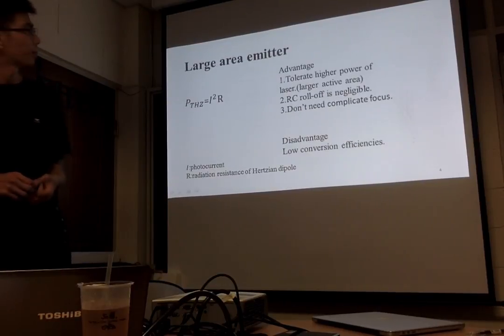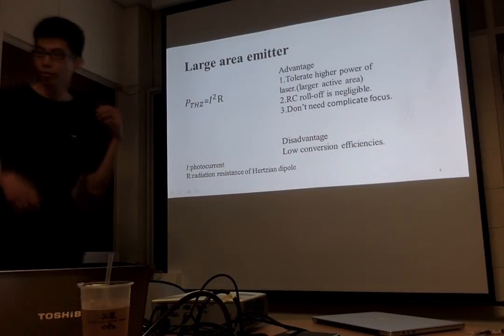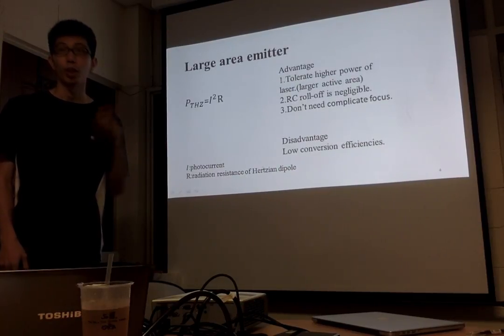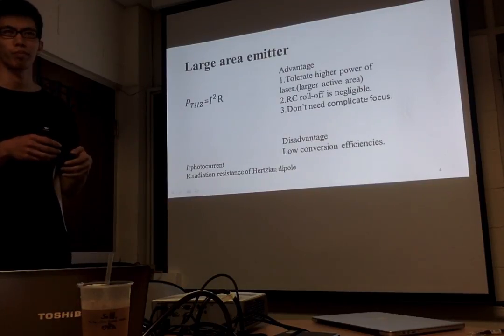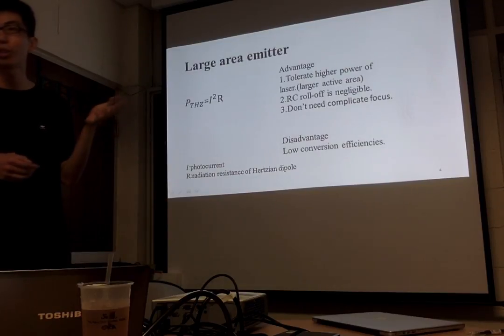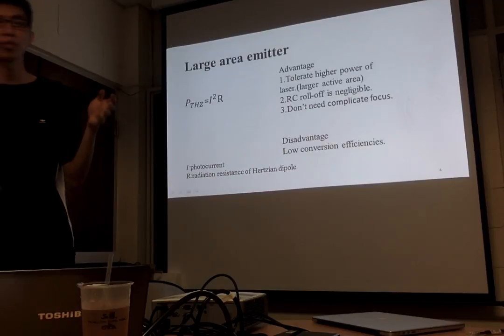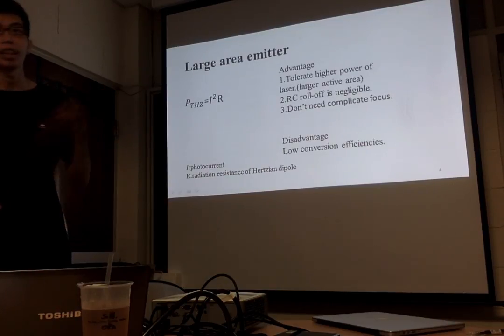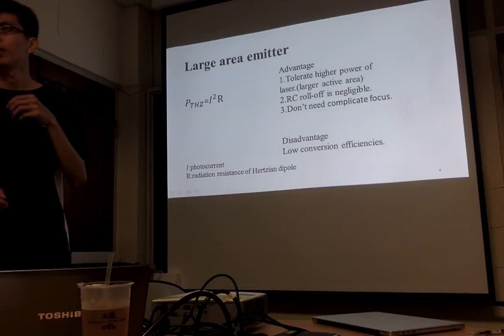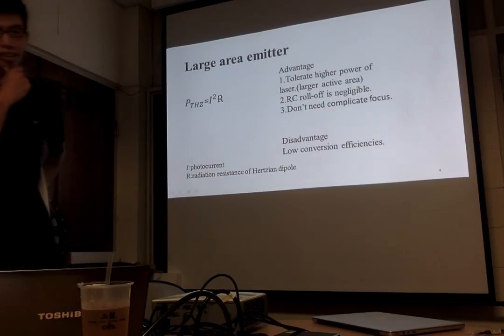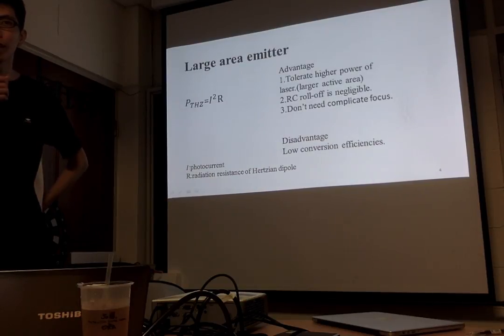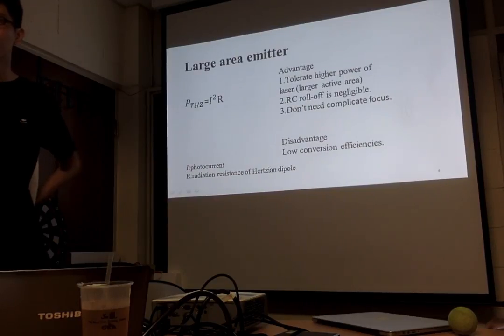The AT area of the LAE is around 500 micrometer times 500 micrometer, and the AT area of the antenna emitter is small, around 10 micrometer by 10 micrometer.